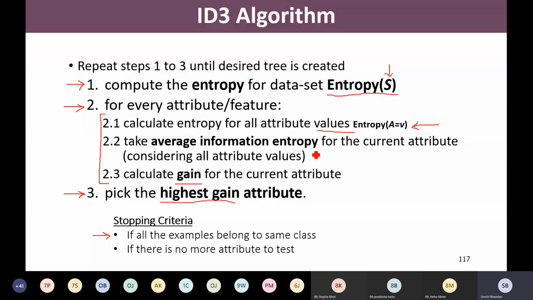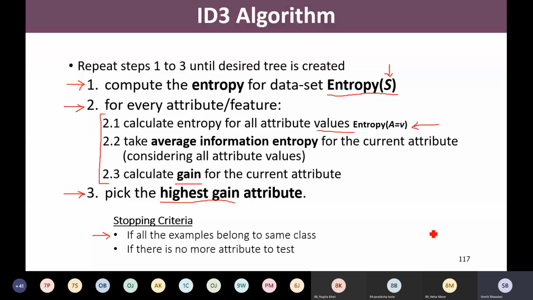Next, we find out the average information entropy, and then we find out the gain for that attribute. So for every attribute, we find out the gain. And in step number 3, we pick the attribute having the highest gain. The same process will be repeated until we form our desired tree.